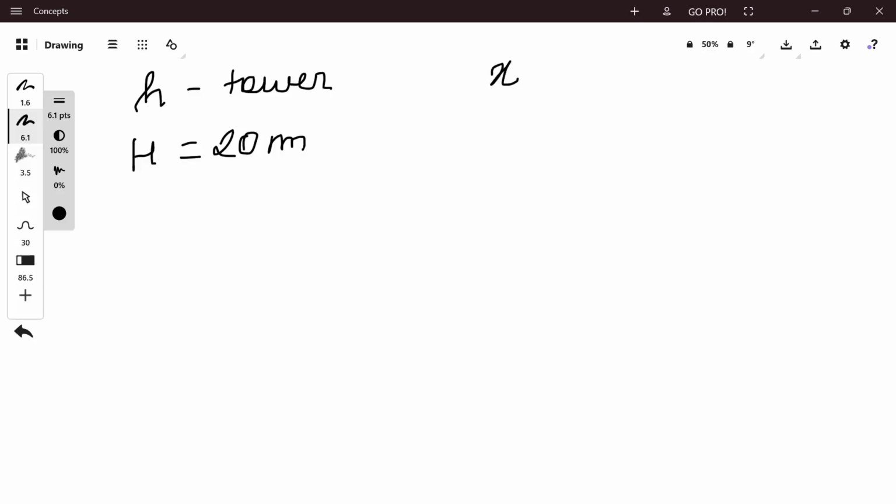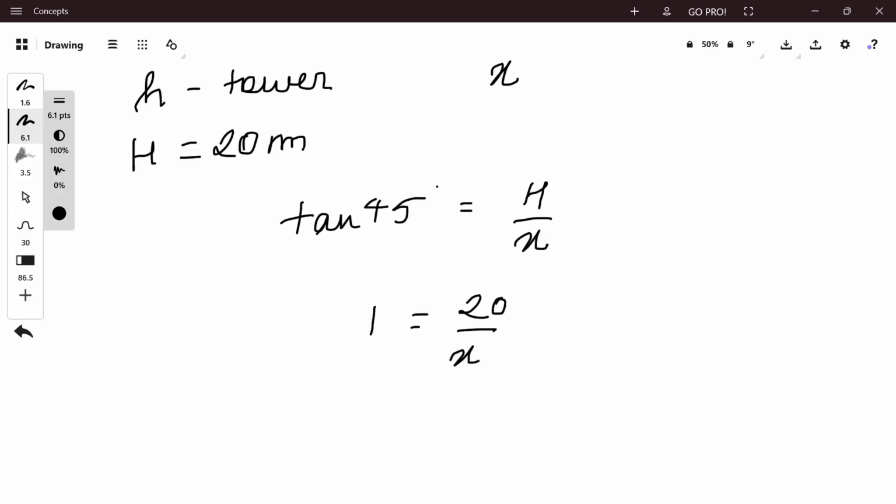In the right angle triangle formed by the building, the ground and the line of sight to the bottom of the tower, we have tan 45 degrees is equal to H upon x, which is 1 equal to 20 upon x, that is x is equal to 20 meters.